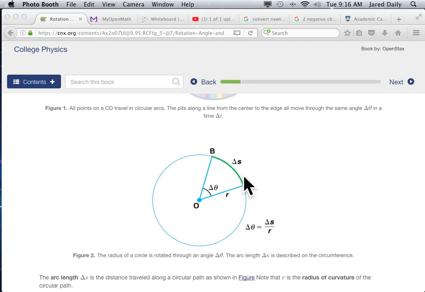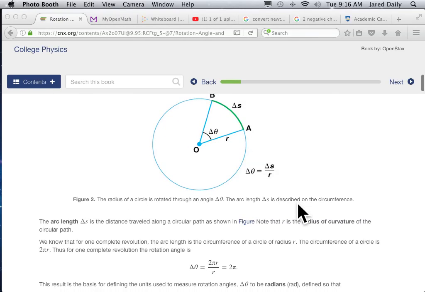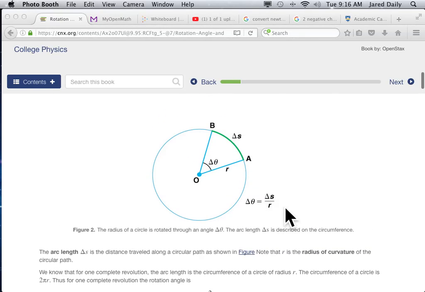So you can calculate the arc length if you know the radius, or you can calculate the radius if you know the arc length, right? So this is just a simple definition of it. But it's one we need to know, because what this does is this takes us from an angular movement to a movement along a path, right? So it takes us from that angular to that arc path movement.